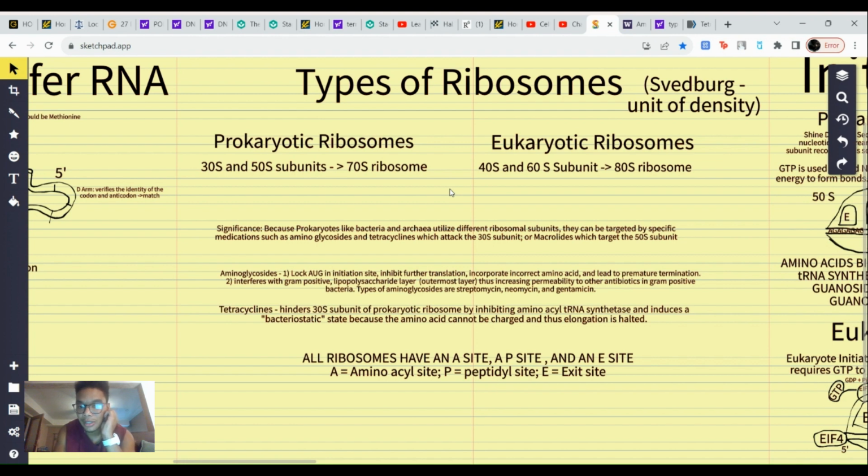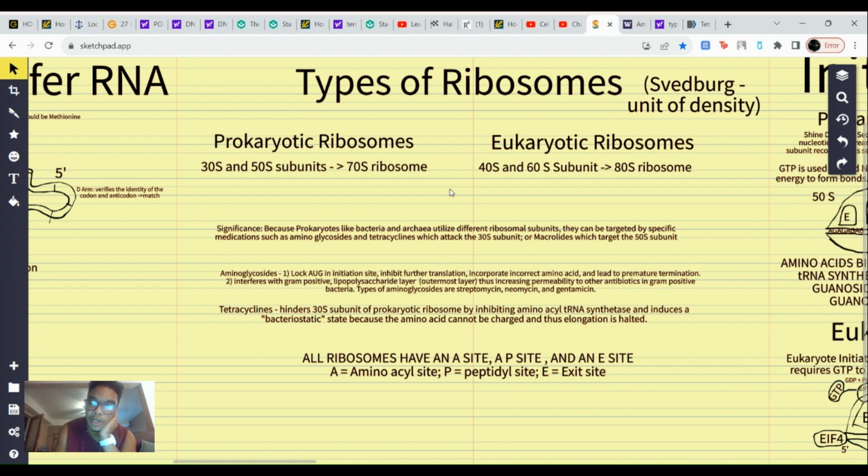Types of aminoglycosides are streptomycin, neomycin, and gentamicin. Next, we have tetracyclines. They hinder the 30S, the small subunit of the prokaryotic ribosome, by inhibiting aminoacyl tRNA synthetase. As mentioned earlier, aminoacyl tRNA synthetase is what initially connects the amino acid with the tRNA via guanosine triphosphate.